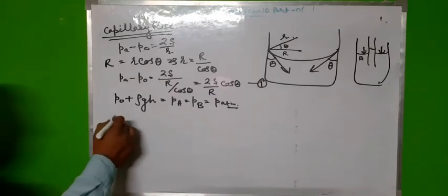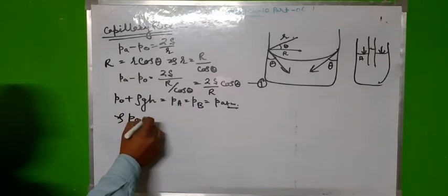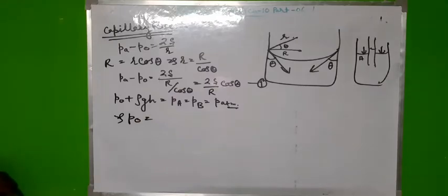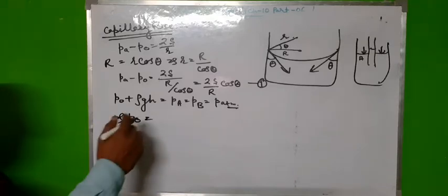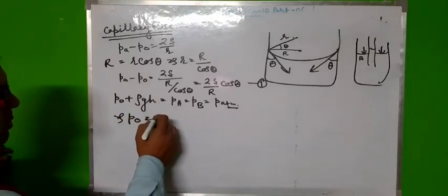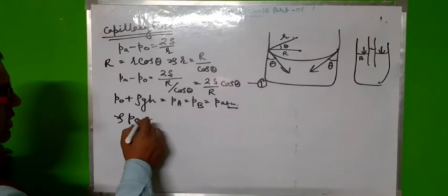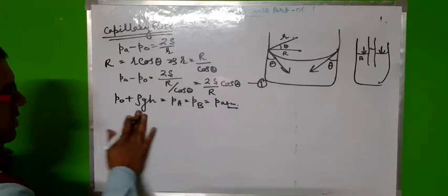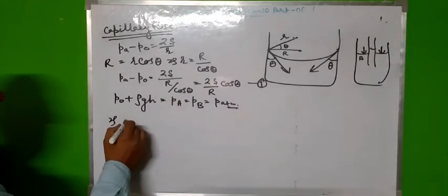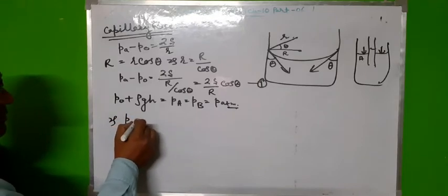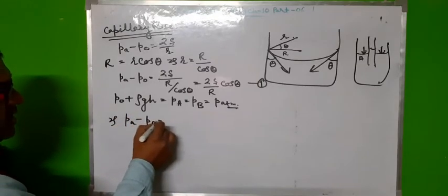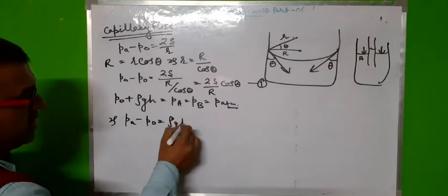So from here P naught can be written as P outside plus rho gh. This is the atmospheric pressure. So P atmospheric minus P outside is equal to rho gh.